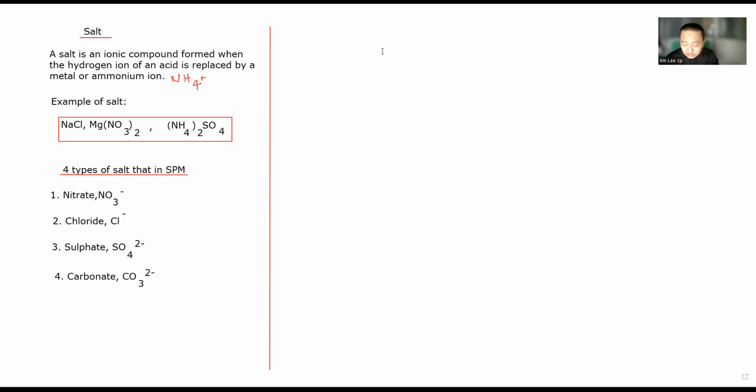Now, salt can be divided into 2 types. One type can be dissolved in water, the other cannot. The kind that can dissolve in water, we call a soluble salt.